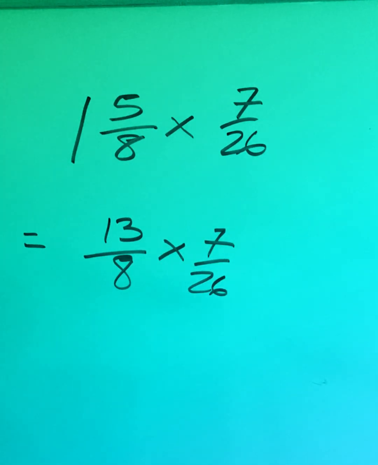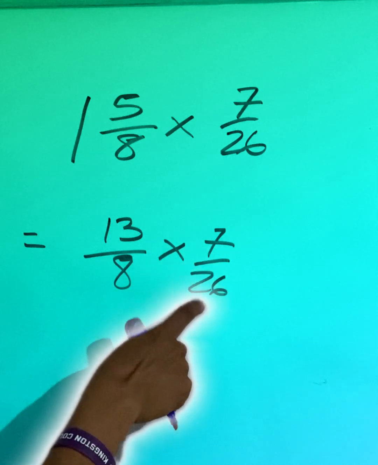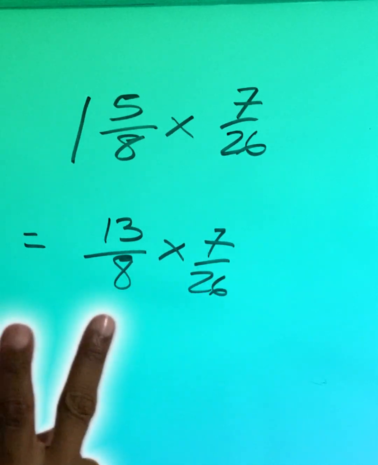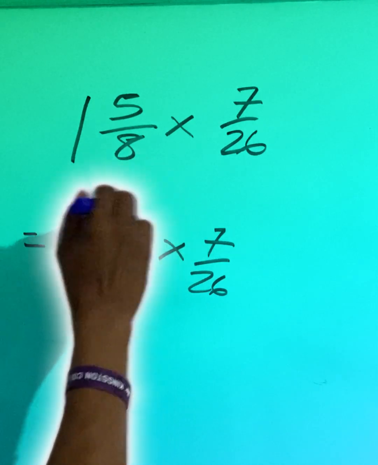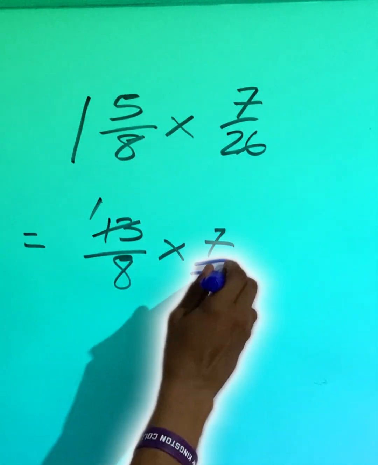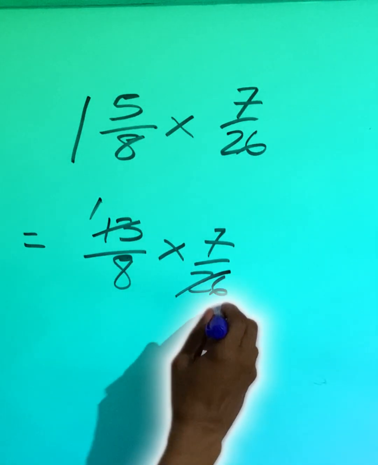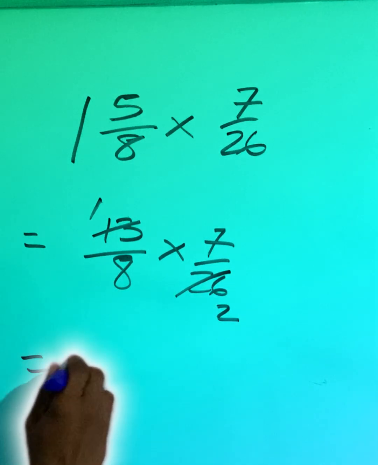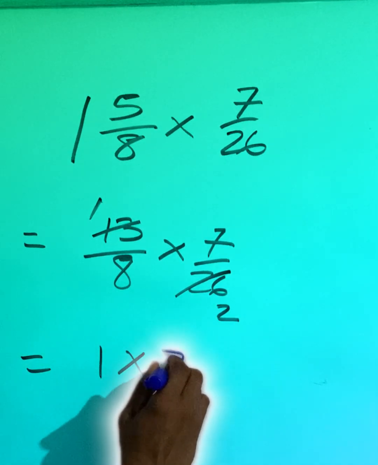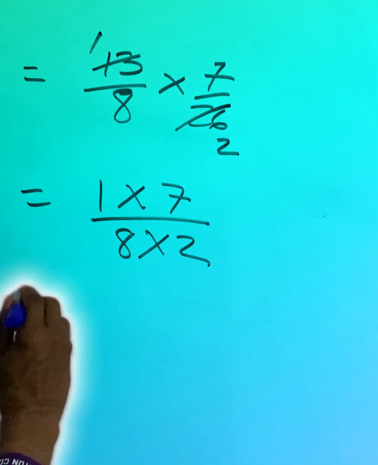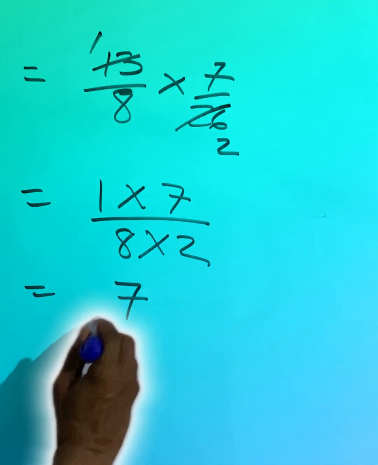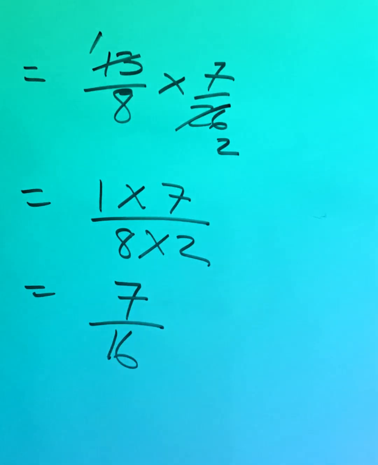This is our lucky day because 13 can go into 26 2 times. 7 and 8 can't. 13 into 13 goes 1 time. 13 into 26 goes 2 times. So this is equal to 1 times 7 over 8 times 2, which is equal to 7 over 16.